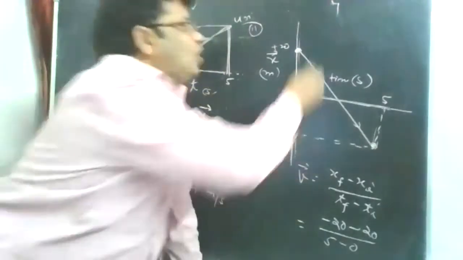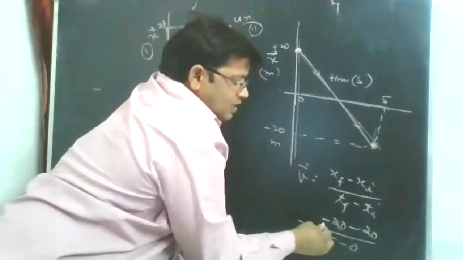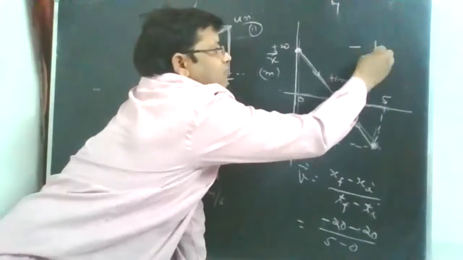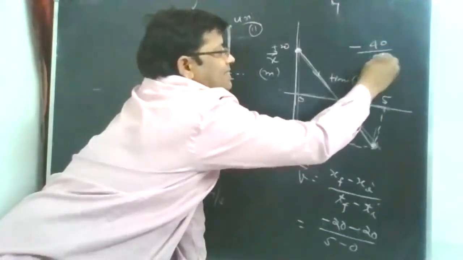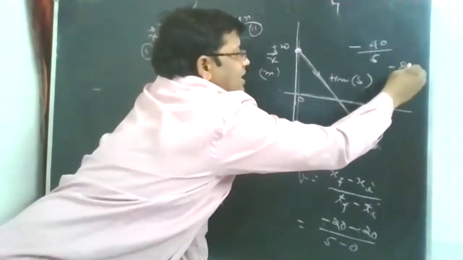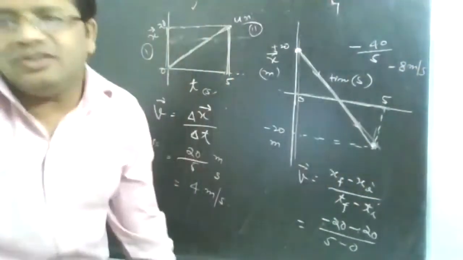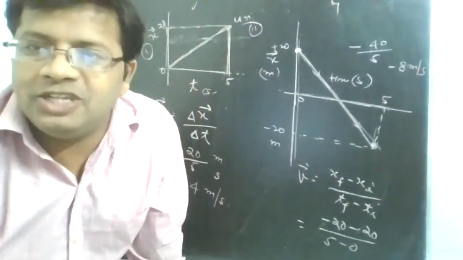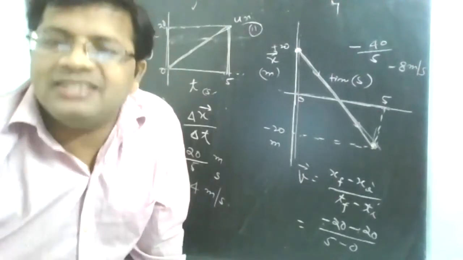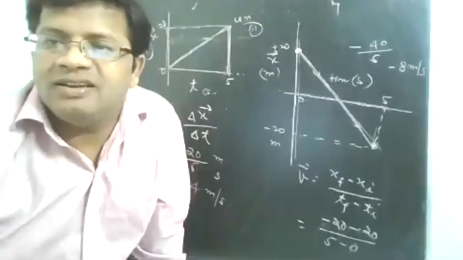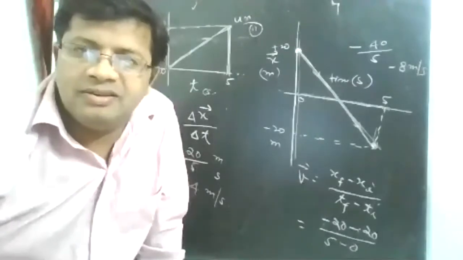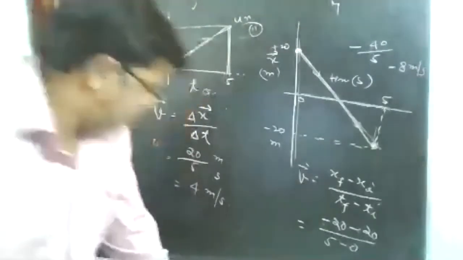But see, slope is negative. Minus 20, minus 20. Minus 8. Beta, tell me, minus 8 meter per second. Slope is negative. So velocity cannot be 0. It is minus 8. Are you getting?